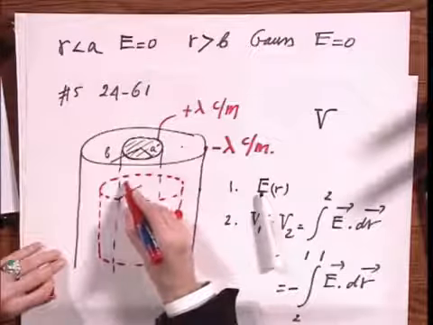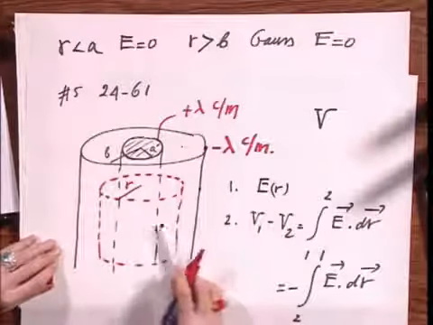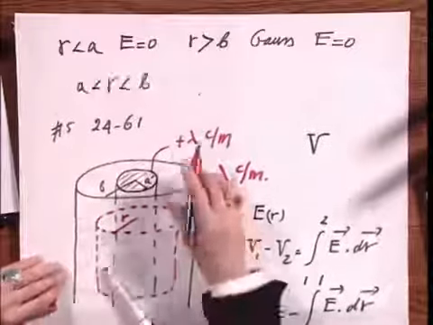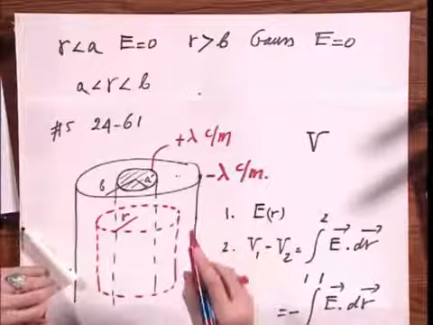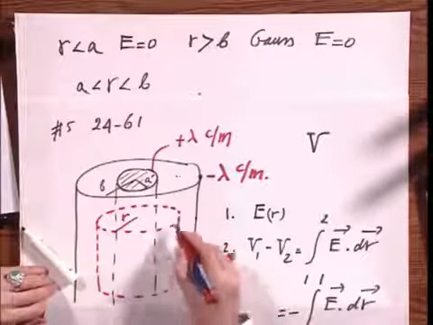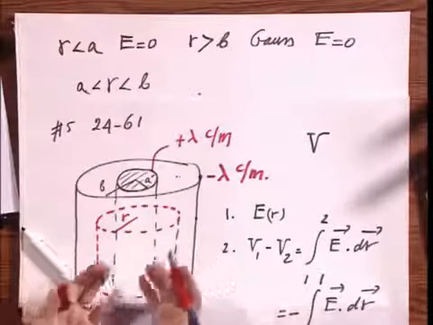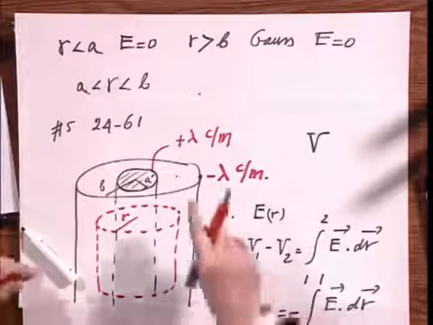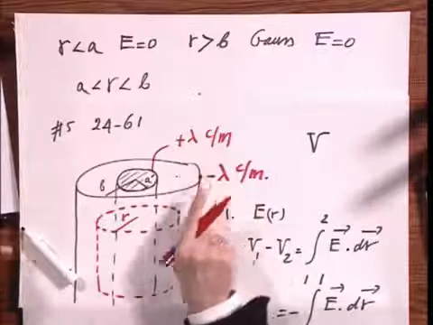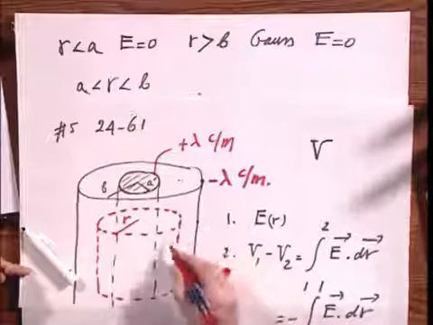It has radius r, and the radius is larger than A and smaller than B. It is clear that the electric field everywhere on the bent surface will be pointing radially outward. There's a positive charge here. I don't even have to worry about whether it's inward or outward. It will surely be outward.